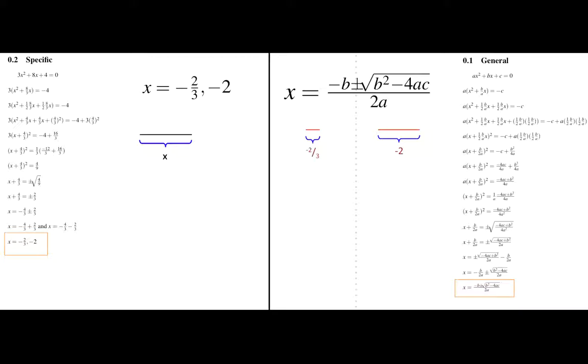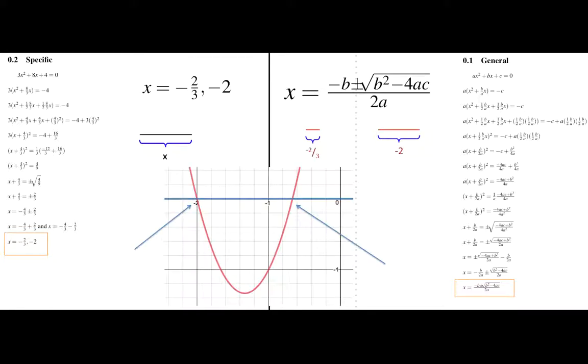And on the right, we generally have now our negative b plus or minus the square root of b squared minus 4ac all over 2a, the common quadratic formula. And they were developed through the same process of completing the square. And then we can also see that as a graphical representation, the red curve for our case is y equals 3x squared plus 8x plus 4.